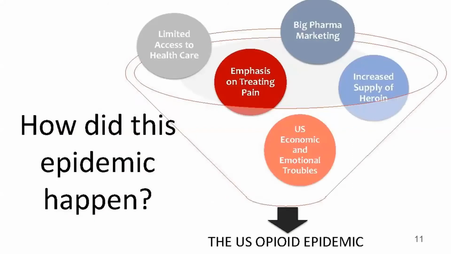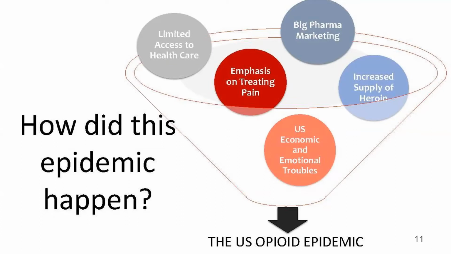So how did this epidemic happen? This epidemic happened due to a variety of factors. One was an increased emphasis on treating patients' pain. It was even called the fifth vital sign, implying that it needs to be managed as aggressively as we manage someone's blood pressure. Another significant factor that contributed was the marketing of Oxycontin as non-addicting, when in fact it had significant potential to be addicting.